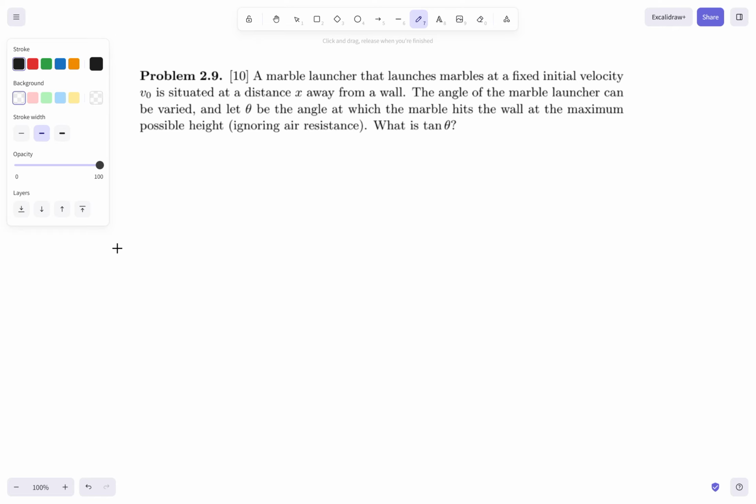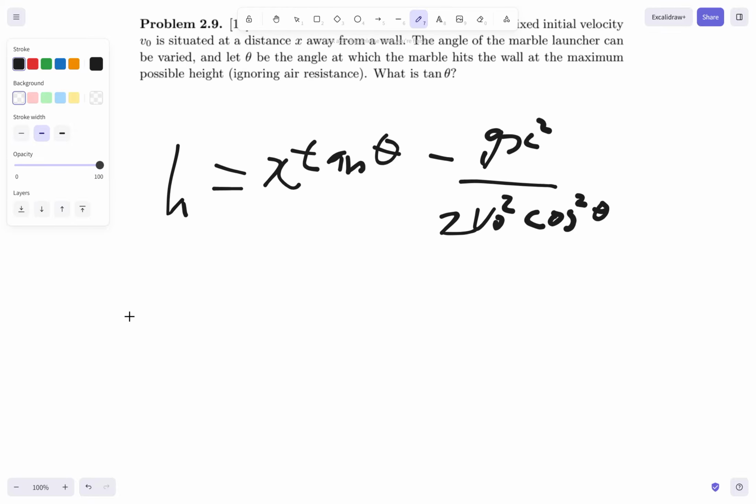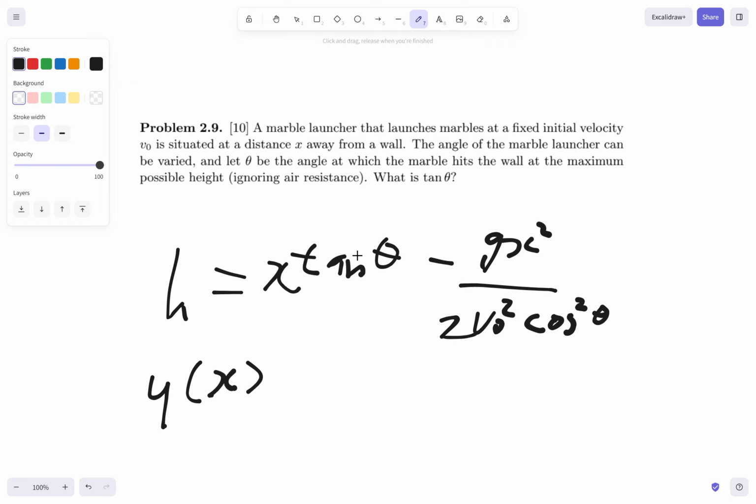So this is where the y of x equation comes back in: y equals x tan theta minus g x squared all over 2 V0 squared cos squared theta. This equation describes the height as a function of x, so it gets rid of any time.